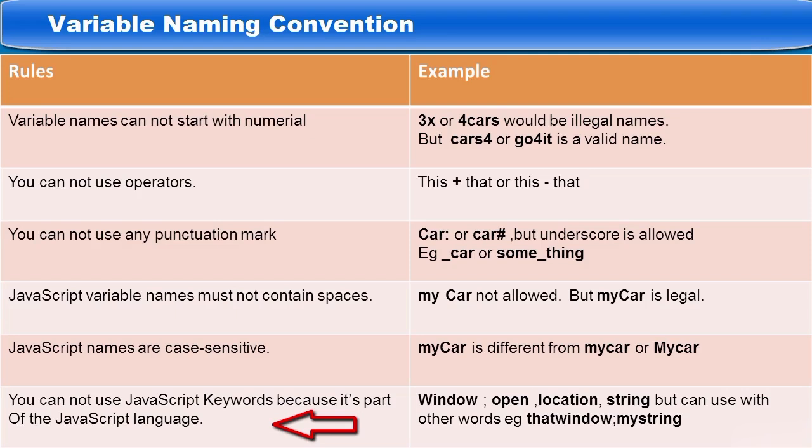Location or string, those are all part of the JavaScript language, so it will be illegal to use them on their own. However, you can use them in combination with other things, other keywords. For example, you can call a variable thatWindow, or maybe myString, or whatever. You can combine them with other text.